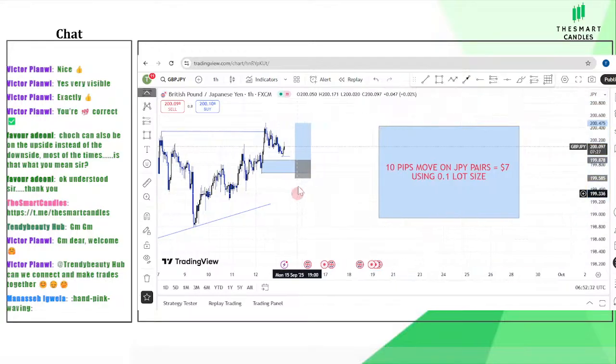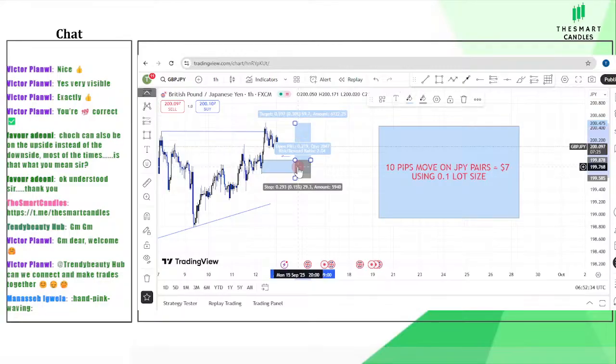So for this part we have 29 pips, or let's say 29.3. When you have 29.3, it's very simple. If you're using 0.1, you know that for every 10 pips movement on JPY pairs, you are losing $7.